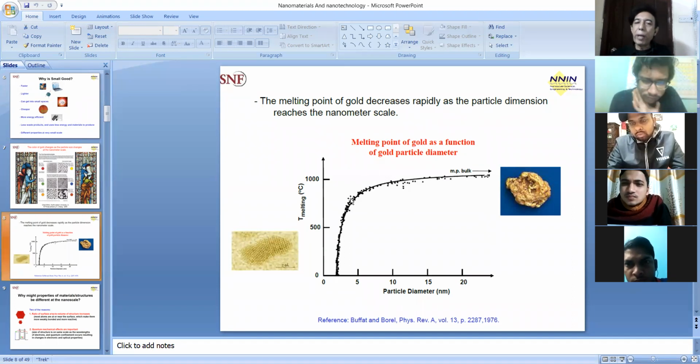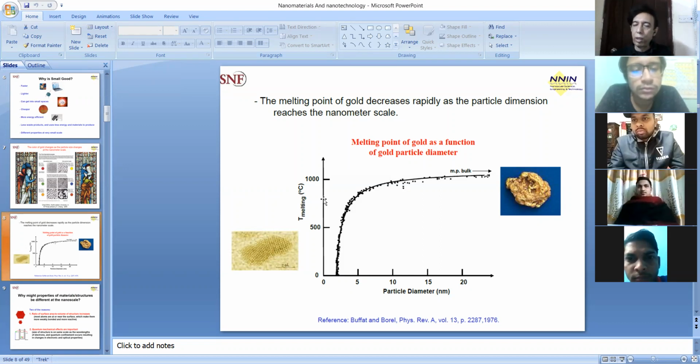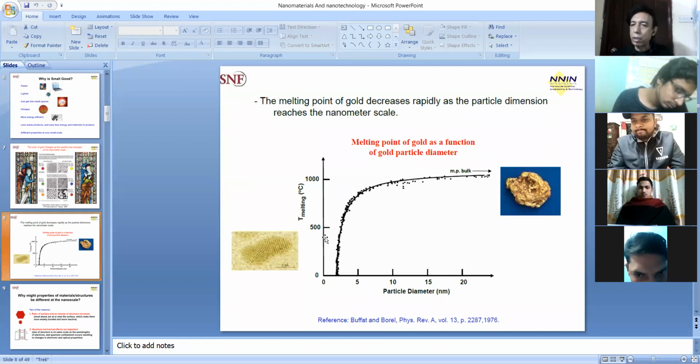Now, if the particle diameter becomes 5 nanometer, then its melting point is about 700. Melting point becomes lower. Now, if the particle diameter is about 3 or 2 nanometer, then its melting point is 400 degrees centigrade. And at one time it will come to 0.